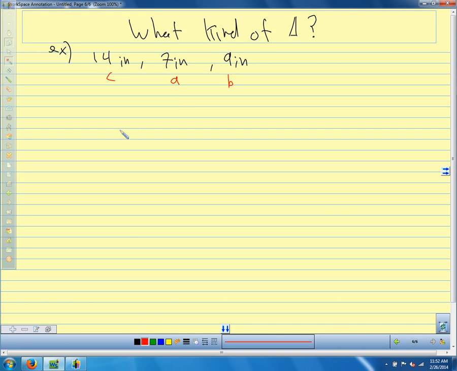So C squared is 14 squared, which is 196. And then 7 squared plus 9 squared, that's A squared plus B squared, equals 49 plus 81, and that equals 130.